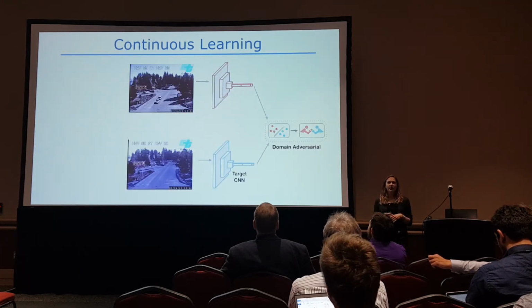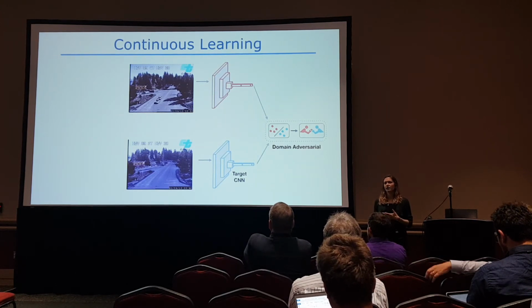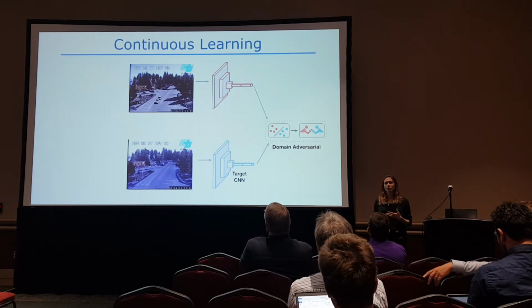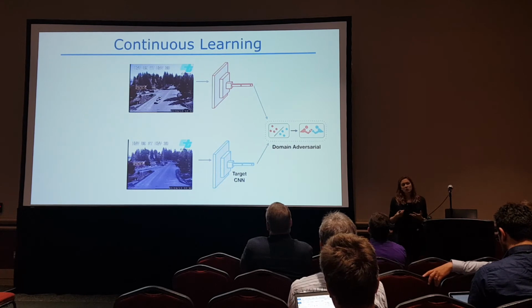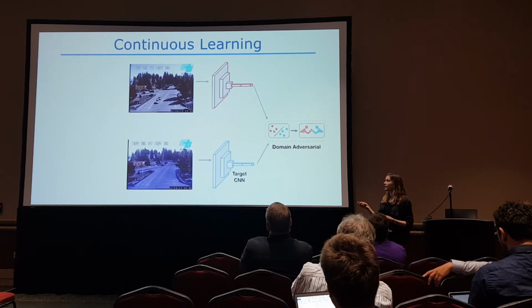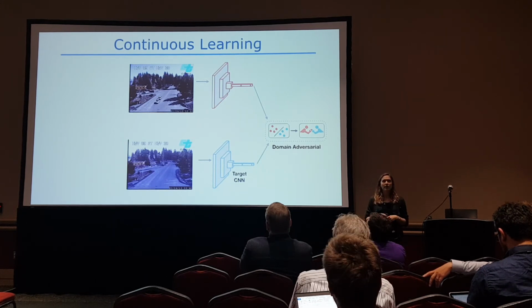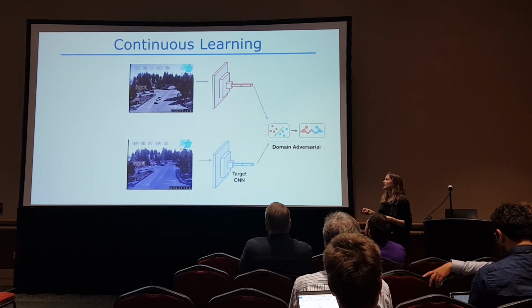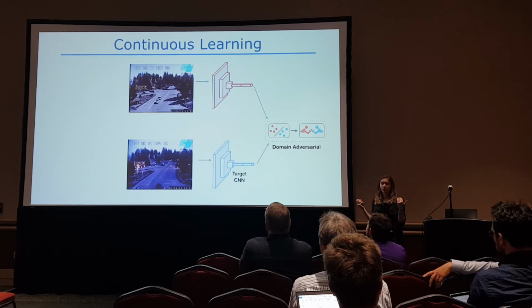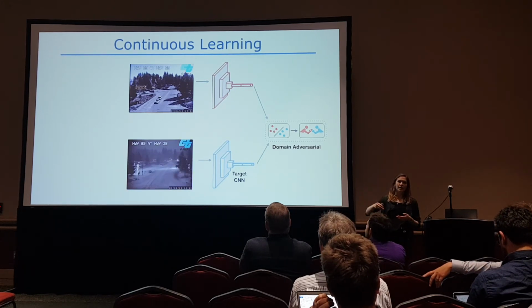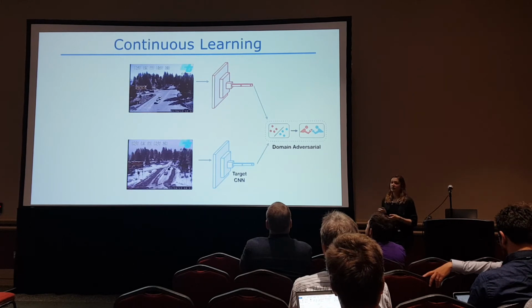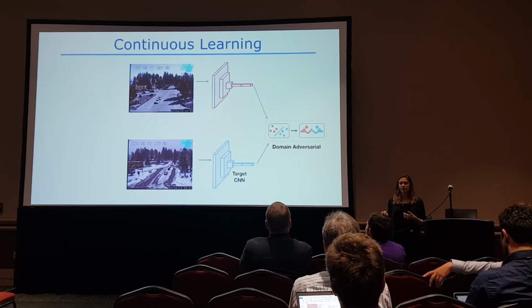But if we were to think about this problem in the context of the domain adversarial learning that I was showing today, one thing you could do is think about this original hour of training in the sunny weather as being your source, and then place all of your future images as time progresses into this network and optimize it with domain adversarial learning. But if you do that, you're going to run into all kinds of important problems.